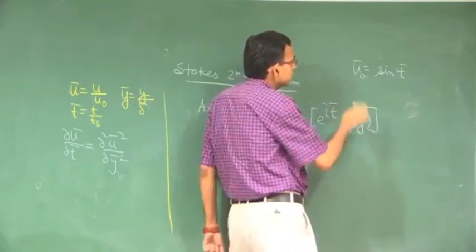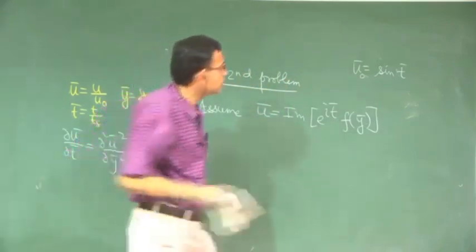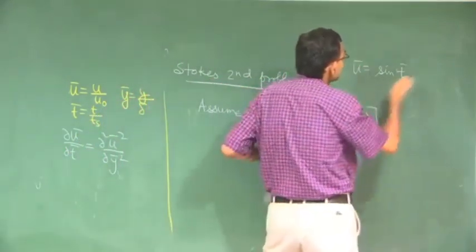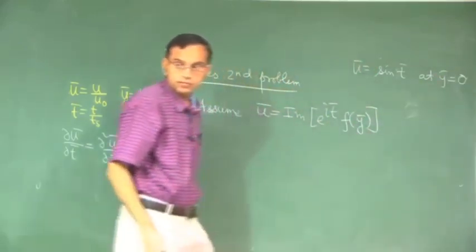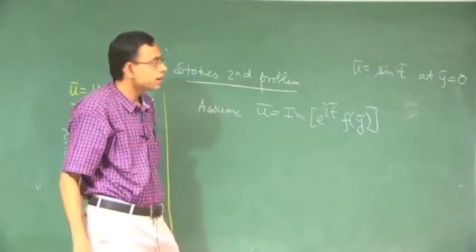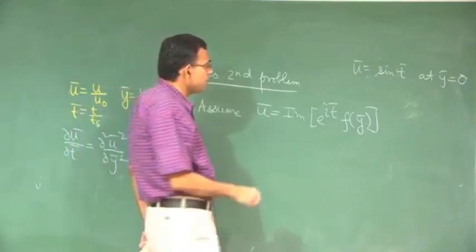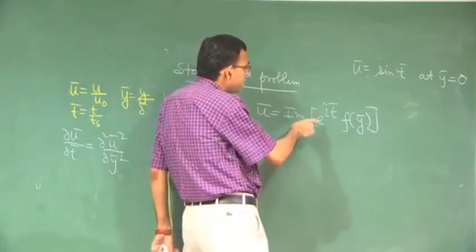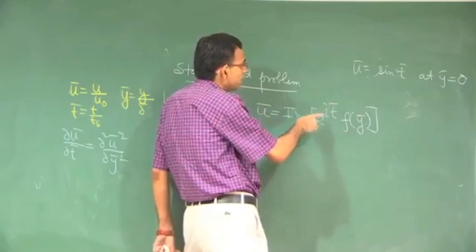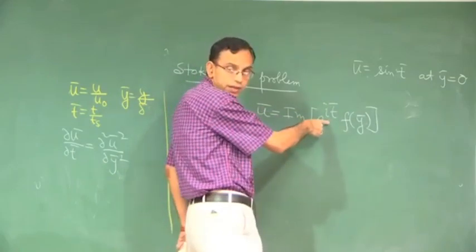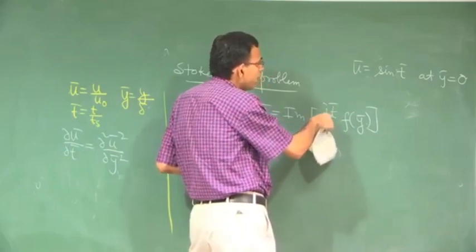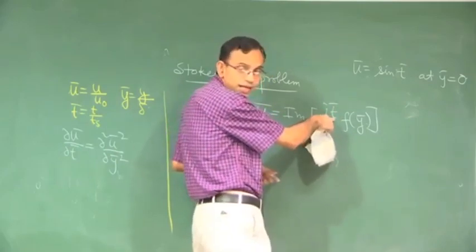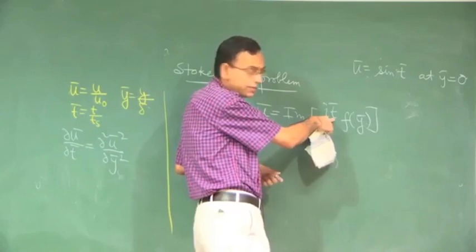Okay, so sin t is the imaginary part of e to the power it, because e to the power it is cos t plus i sin t, right.